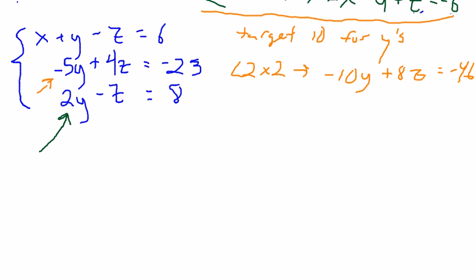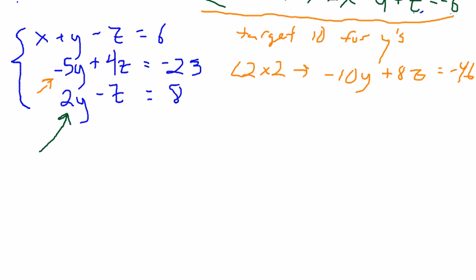Now, I should mention that I'm currently eliminating the y's. You could eliminate the z's in this case, and it would be a little bit easier, but if you see that, that's fine. Go ahead and do that. I'm going to do it with the y's. Now in green, I need to get it up to 10.